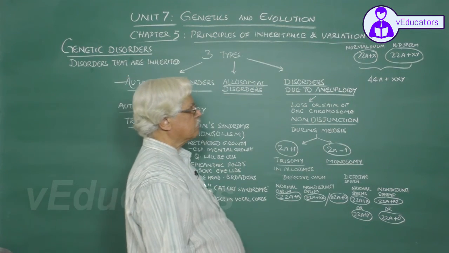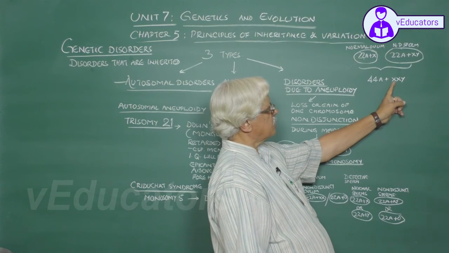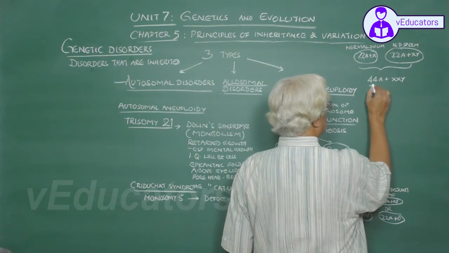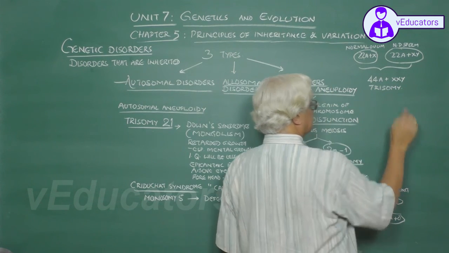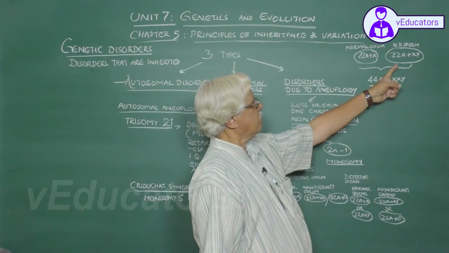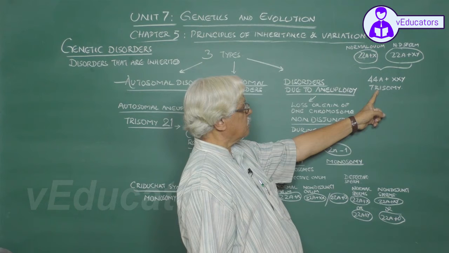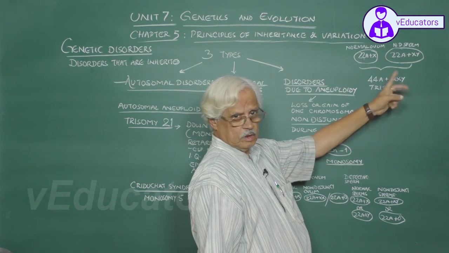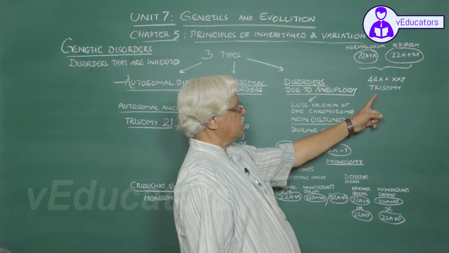So you can see here, instead of 2 sex chromosomes, 3 sex chromosomes are present, XXY. So it is a case of trisomy.